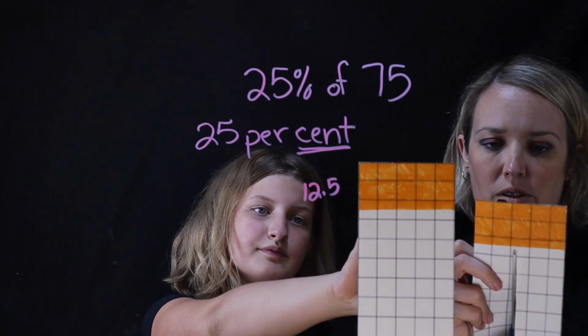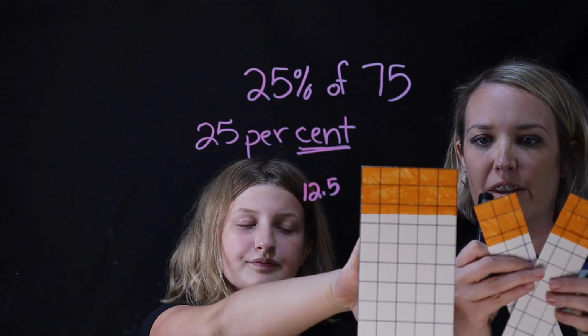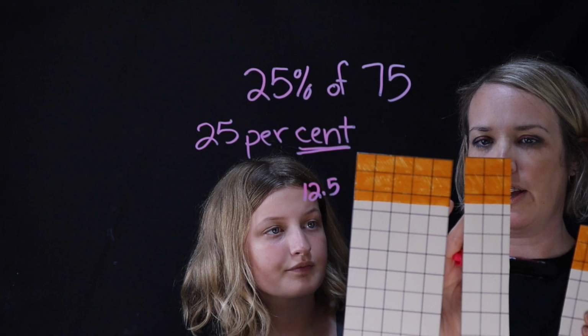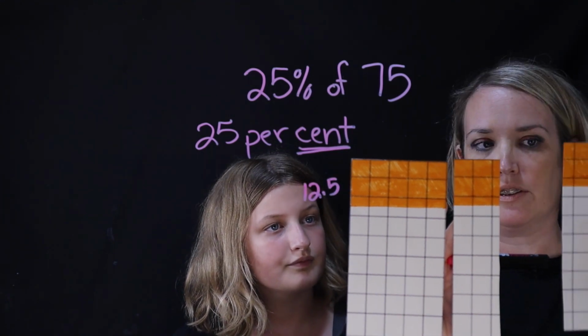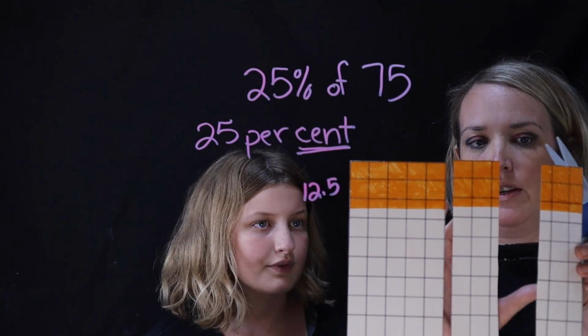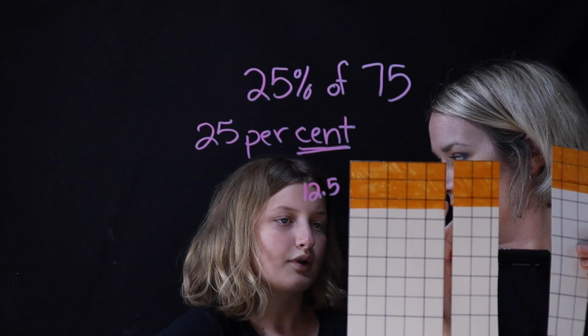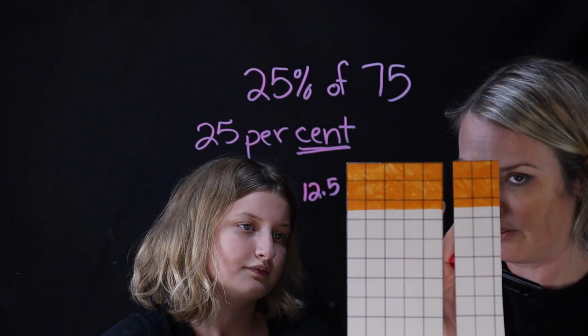Thank you. Okay, so yours, where you have 12.5, and this one gives you 75, because there's 25 here, right? Yeah. So I'm going to take this and just put it away. Because there's 100, and now when I take this away, there's only 75.